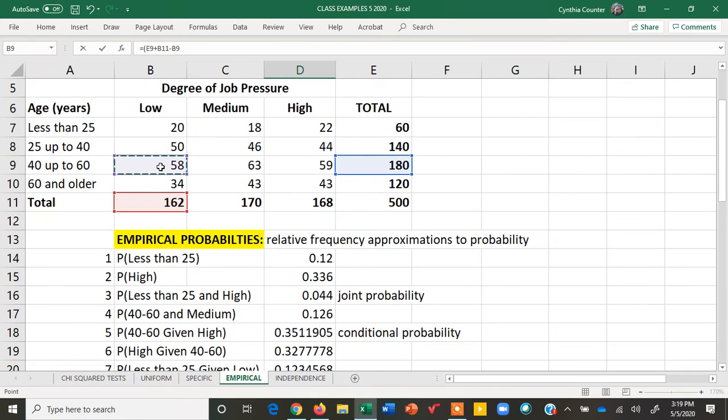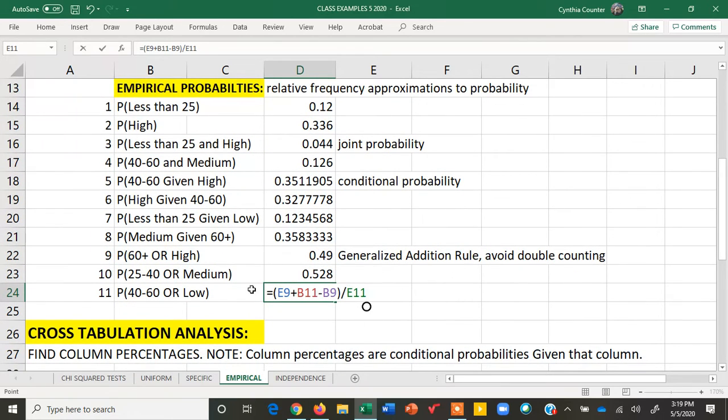Subtract that out because it was double counted. Close the parenthesis, then divide by the grand total of 500. Again, note that the cells form the vertices of a rectangle. And then when we hit enter, 0.568. So these are the different kinds of probabilities you will encounter.